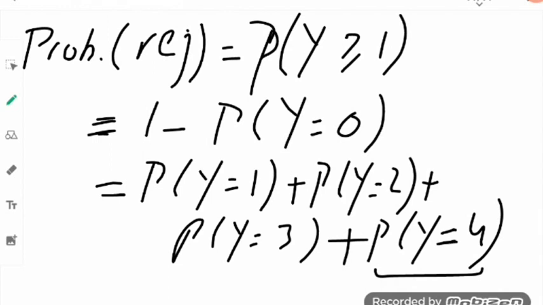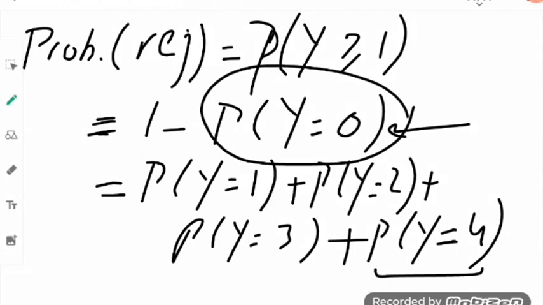I think it is easier to find it as 1 minus the probability that y equals 0 using the complement rule. So all we need is to substitute in the probability mass function of the hypergeometric distribution with y equal 0, find this probability, and then subtract it from 1.